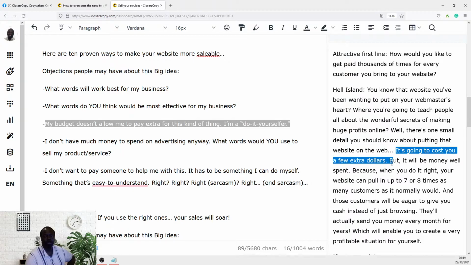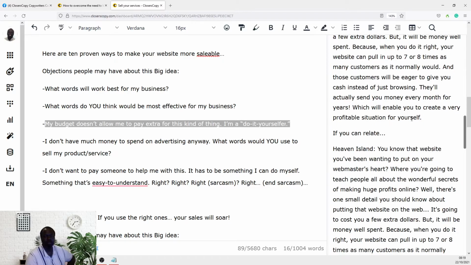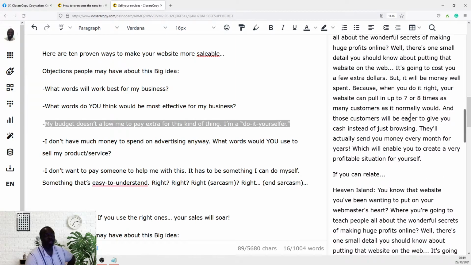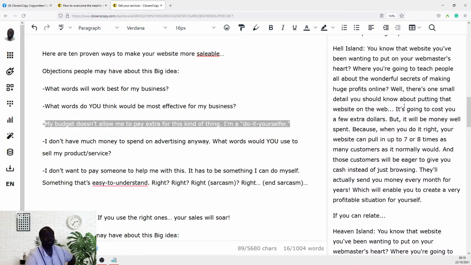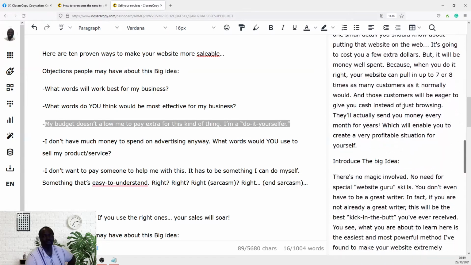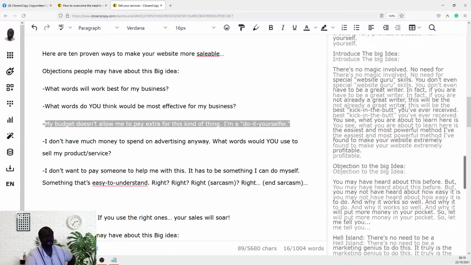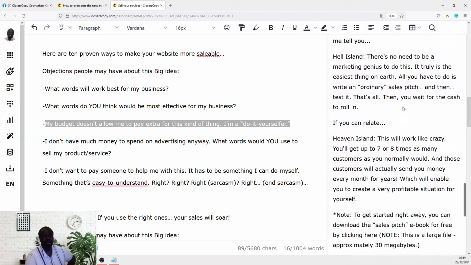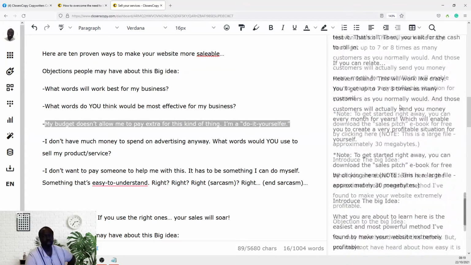It's going to cost you a few extra dollars, but it will be money well spent. Okay. So this is about somebody who's thinking that they don't have money to spend. This is showing you why that's not the best way to think about it, right? Okay.